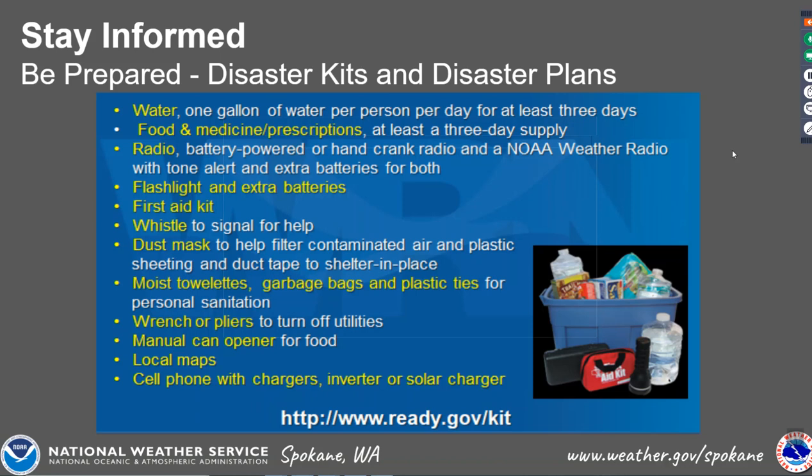But in the wintertime, our biggest threat probably would be a power outage, a potentially prolonged power outage. So having water and food and medication, flashlights, food that you can eat without power, a whistle to blow for help, and other things like that are incredibly helpful to have.